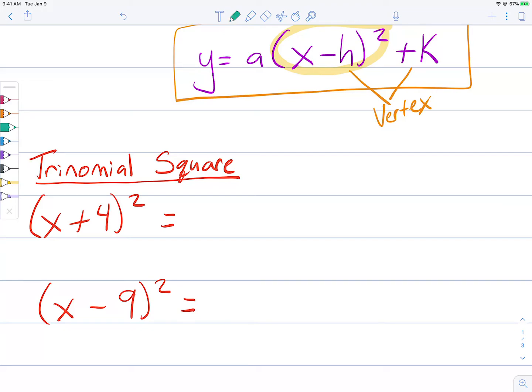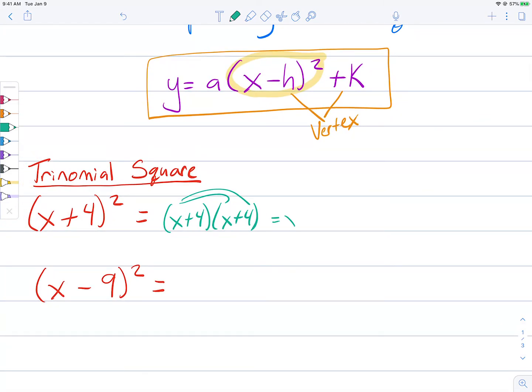If my trinomial square was x plus 4 squared, that came from x plus 4 times x plus 4. If you distribute, or do the box, you would get x squared plus 4x plus 4x plus 16, which, if you combine like terms, is x squared plus 8x plus 16.